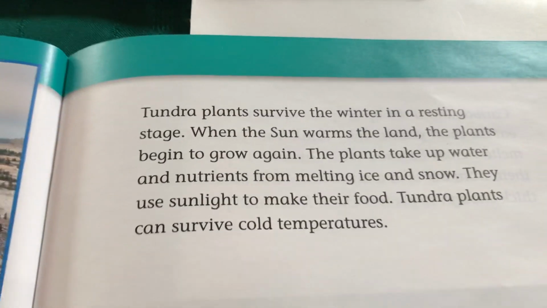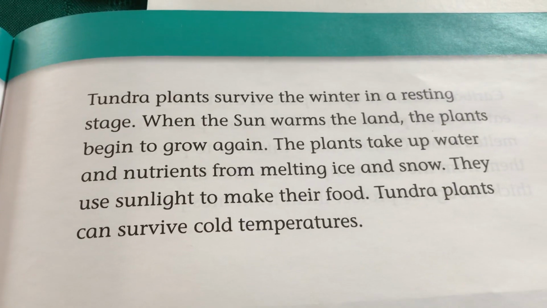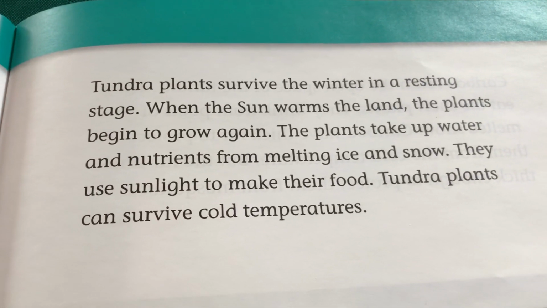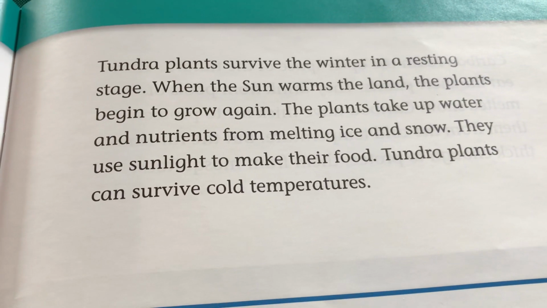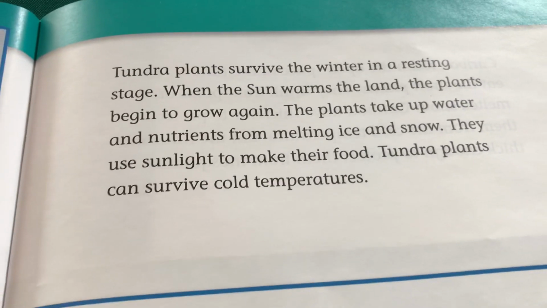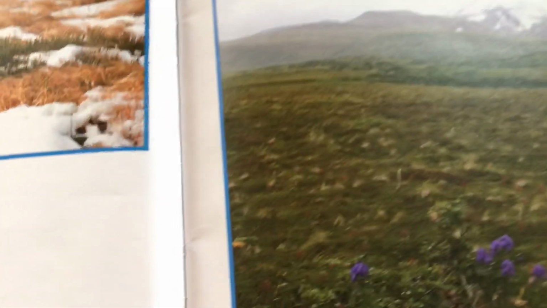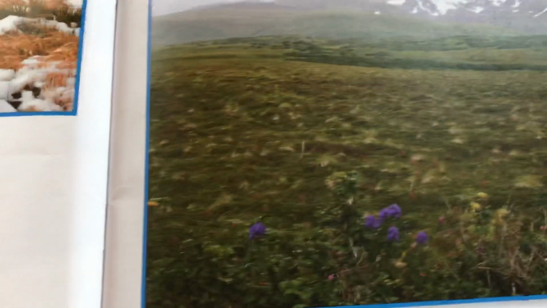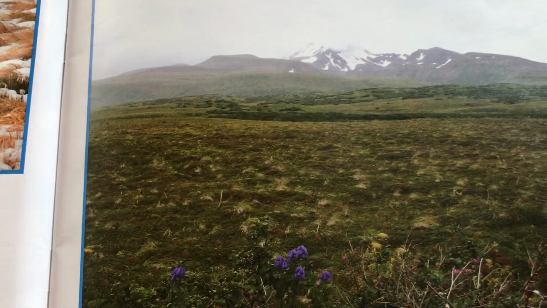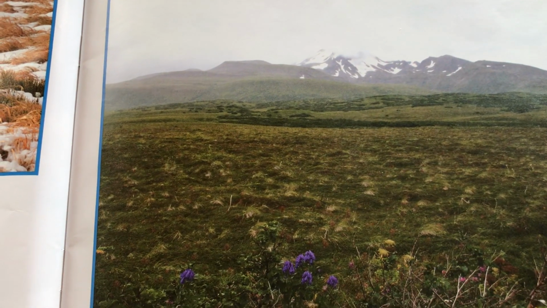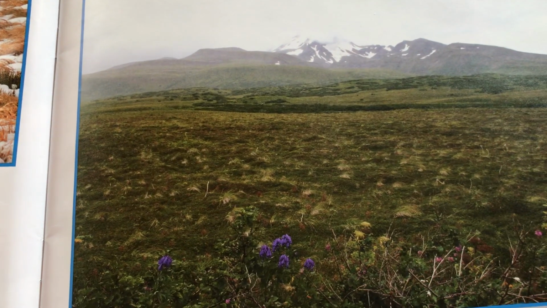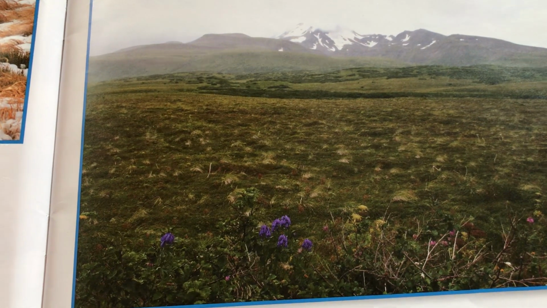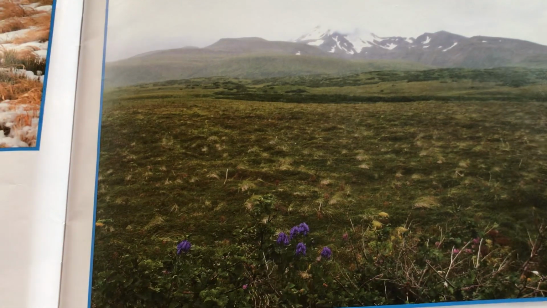Okay, we're moving on to the next page. Tundra plants survive the winter in a resting stage. When the sun warms the land, the plants begin to grow again. The plants take up water and nutrients from melting ice and snow. They use sunlight to make their food. Tundra plants can survive cold temperatures.